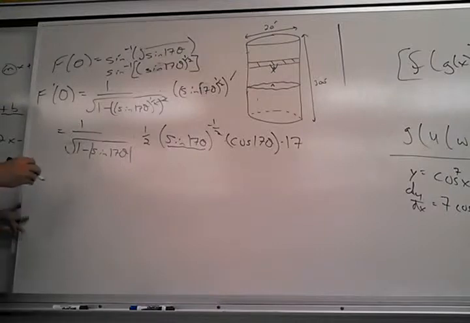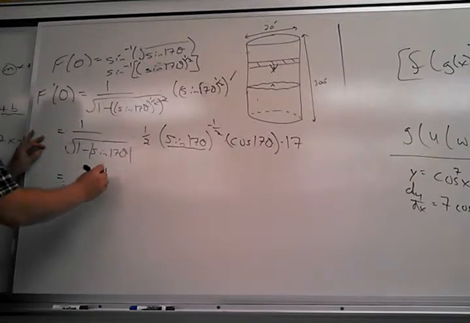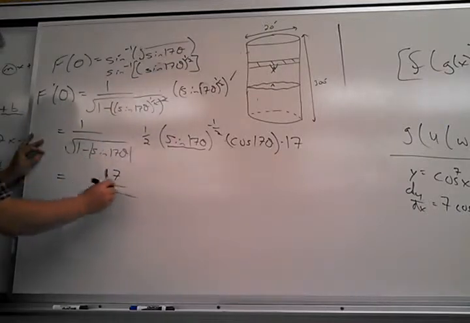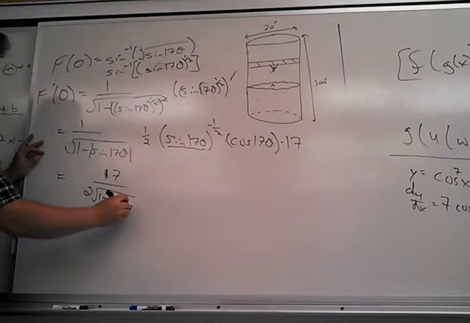Okay. So let's clean this up a little bit. Okay. So we get 1 over, let's see, it's 17 over 2 square root of 1 minus sine 17 theta.